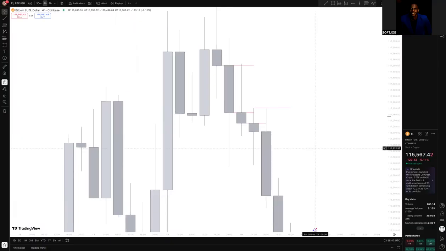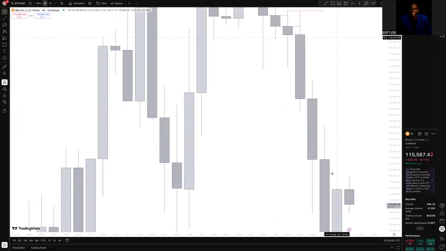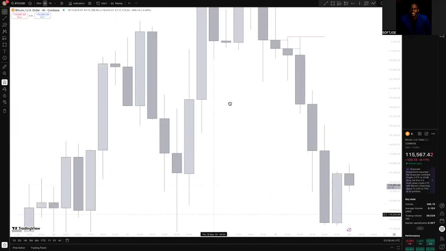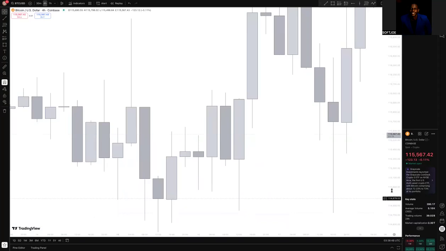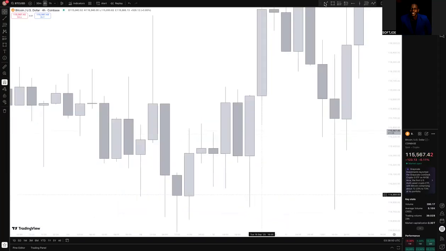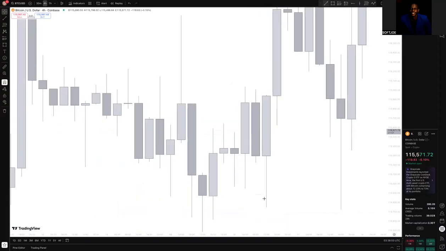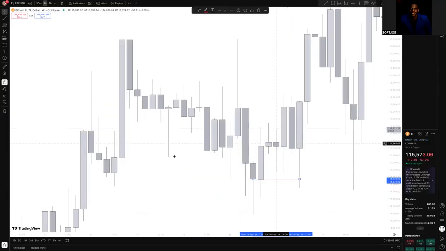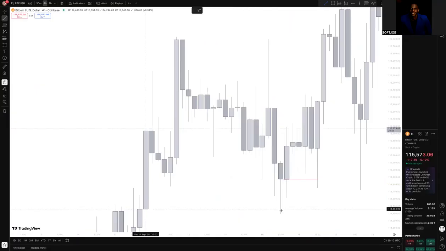Look, this is an example of a level that price respected. We didn't go to take out the lows of the level. We respected it. Look at this open close here also. This bullish open close: as price tapped, it didn't take out the low of the level.